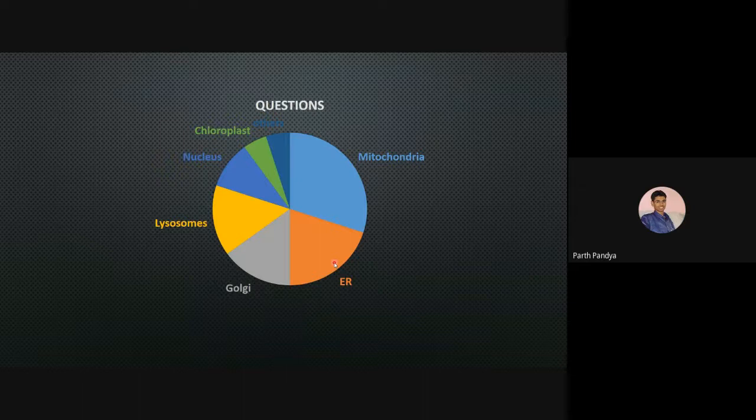So till 2020, what I saw was that the majority of the questions were from mitochondria, endoplasmic reticulum, lysosome and Golgi. Though now the trend from the past 3 years is that most questions come on nucleus and chloroplast, and the others we studied so far are a bit fewer. This is only for my topic and my analysis.